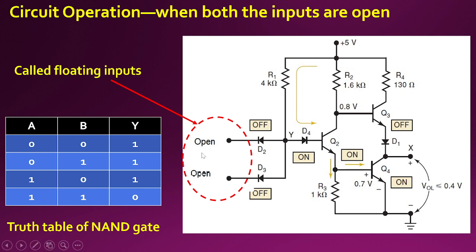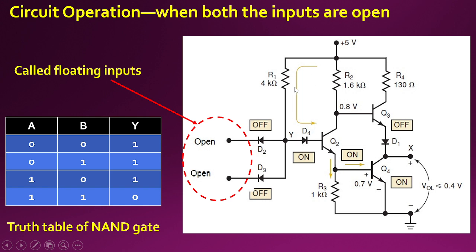So suppose we have kept the input open. Both the diodes are obviously off because one side of each is unbiased. When they are off, the diode D4 is on.